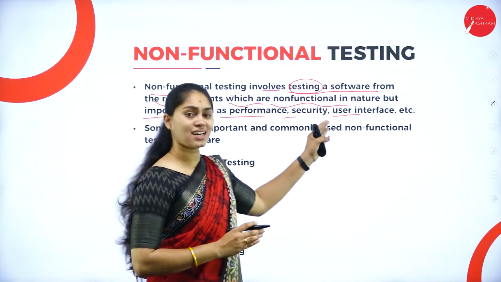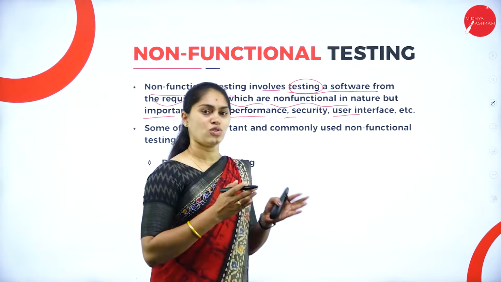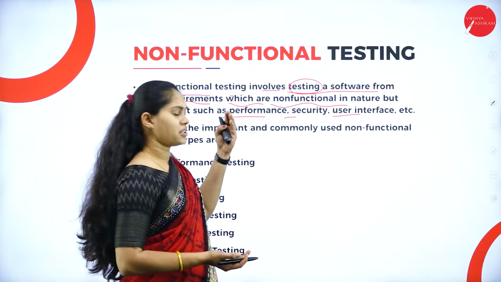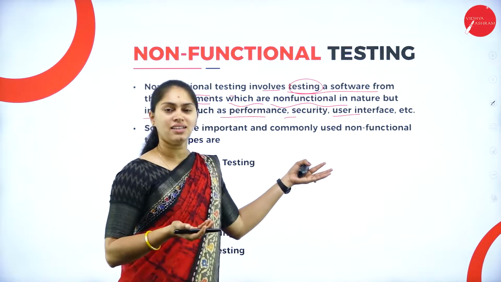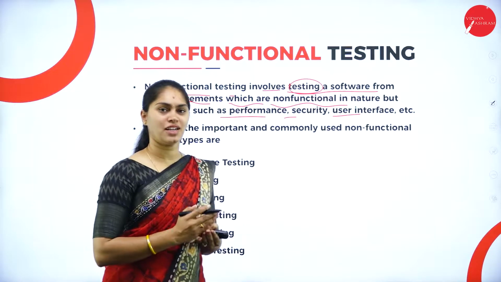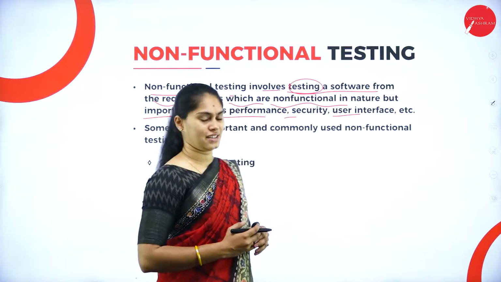All these are an integral part of the functionality of a software. We can't leave these things; if I leave performance or security, there will be no efficiency in the software at all. So it is necessary to work with both the functionality as well as the non-functionality of a software.